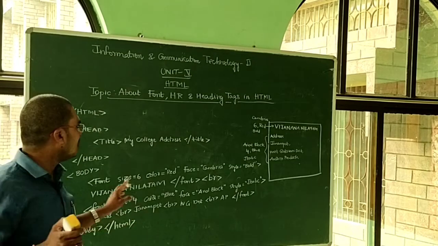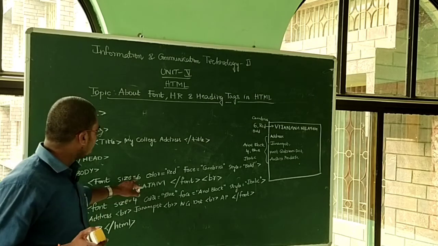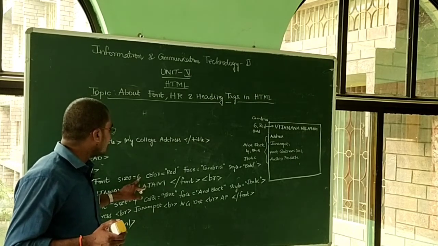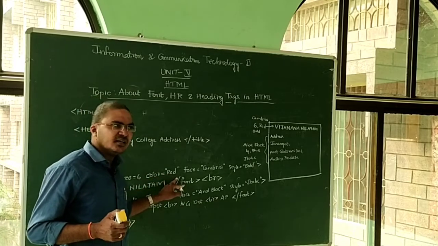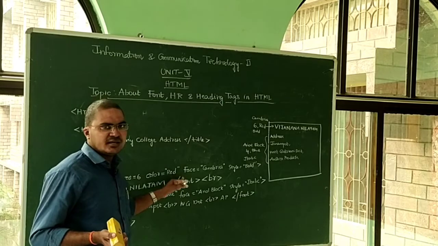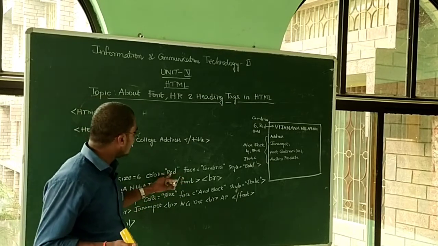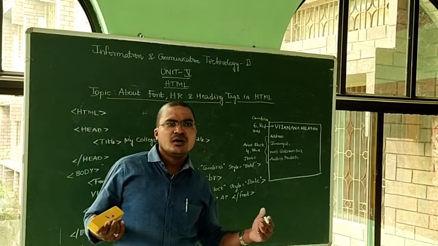Do you all understand the use of the font tag? Size helps to increase or decrease the size. The maximum size is 7 only, and color is your choice. There are many different colors, so whichever color you like, just note down the name of the color. And face also, there are many different font families.